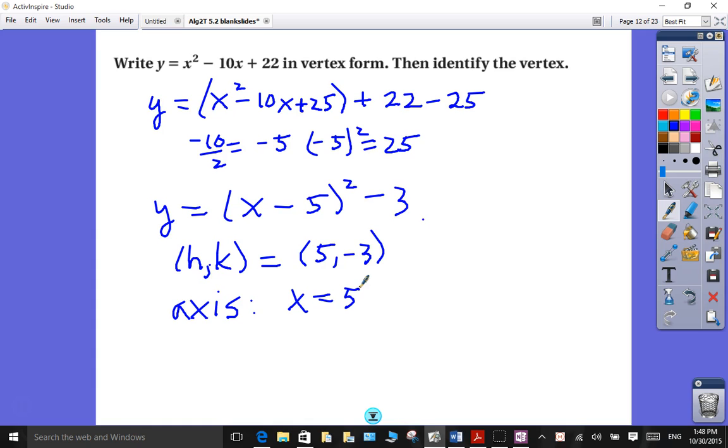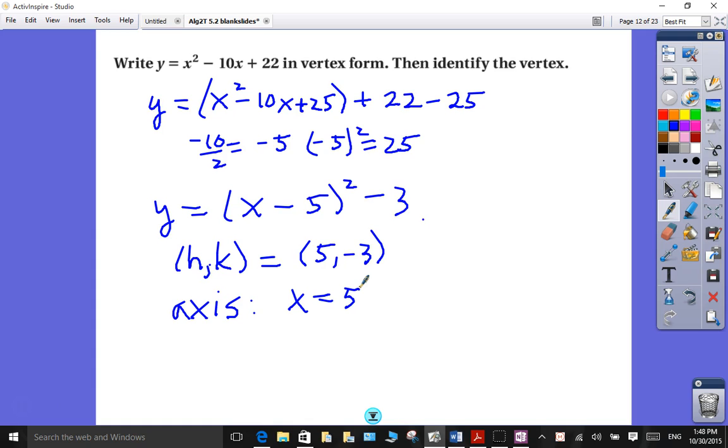Is this vertex 5, negative 3, a minimum or a maximum? Why? Because what is positive? The A is positive, so it opens up, so the vertex is a minimum. Okay?